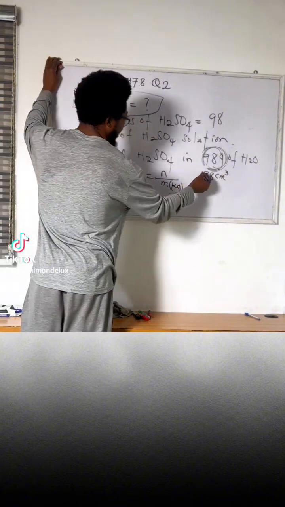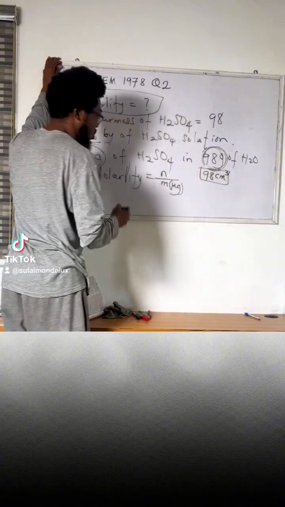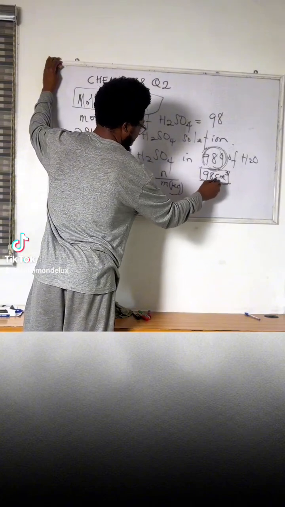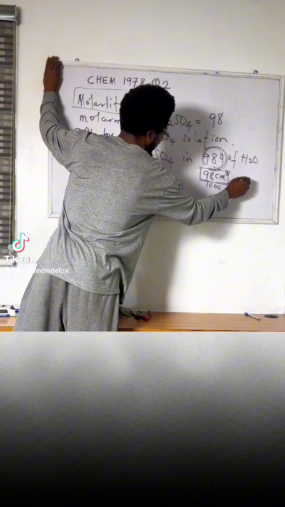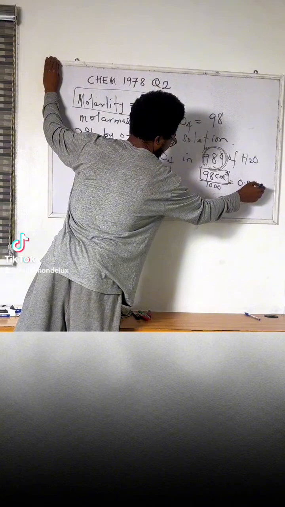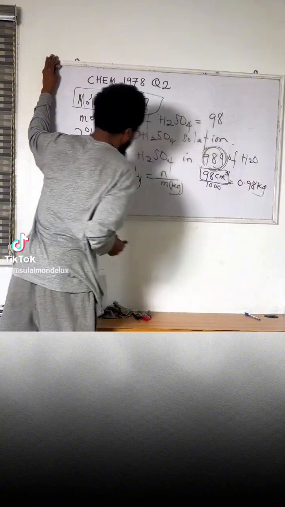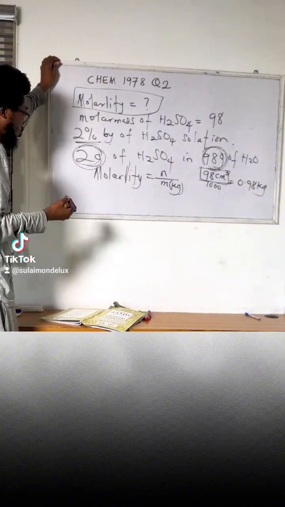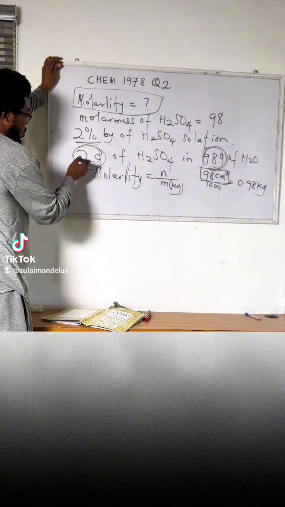To convert this 98 to kilograms, you divide by 1,000. So 98 over 1,000 gives 0.98 kilogram.